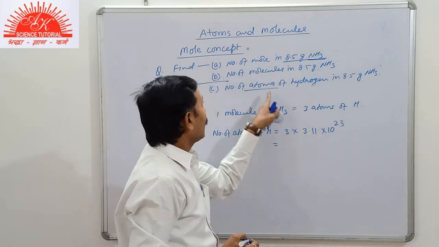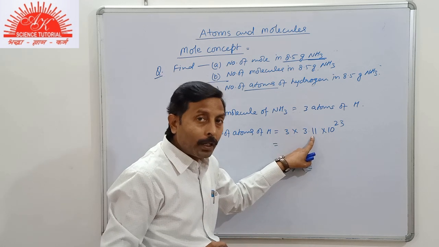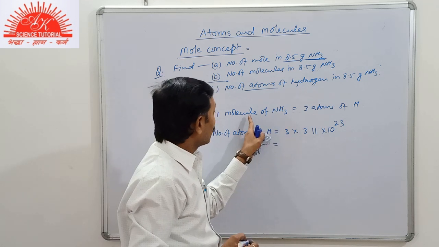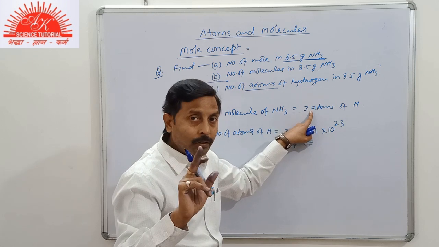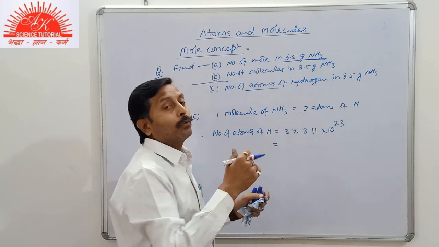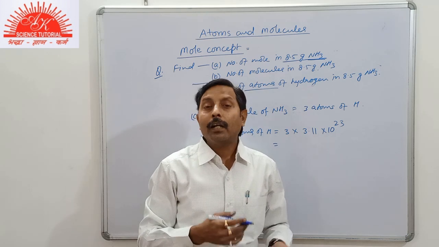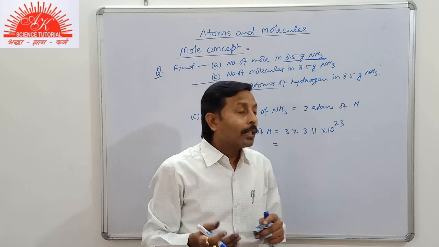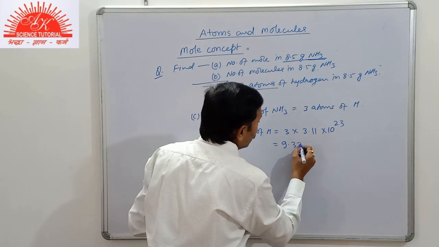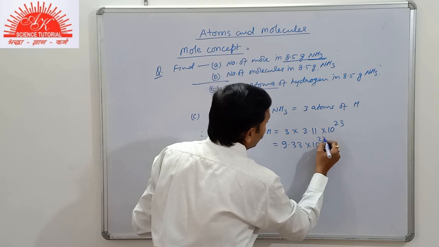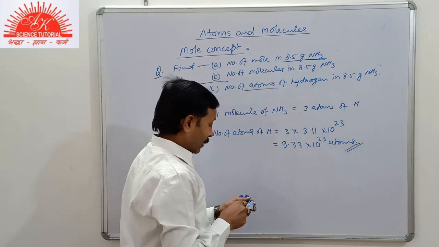This number is from the answer of B, where we calculated the number of molecules, and as we know, one molecule of ammonia has 3 atoms of hydrogen. So if we have 10 molecules, then 10 into 3, 100 molecules, 100 into 3. Similarly, you will write here 9.033 into 10 to the power 23 atoms. So this is the answer.